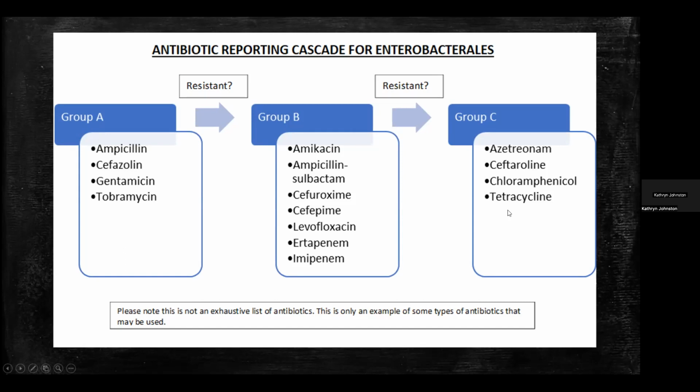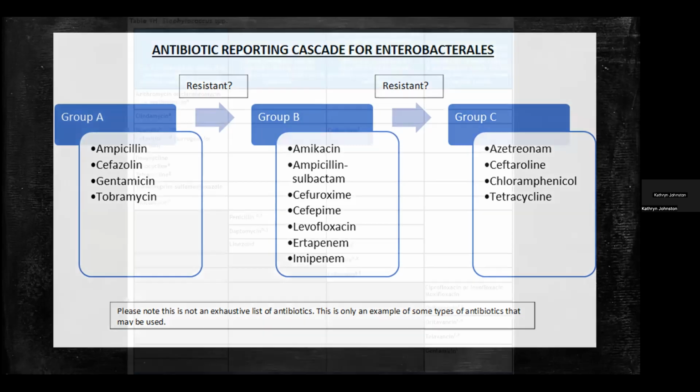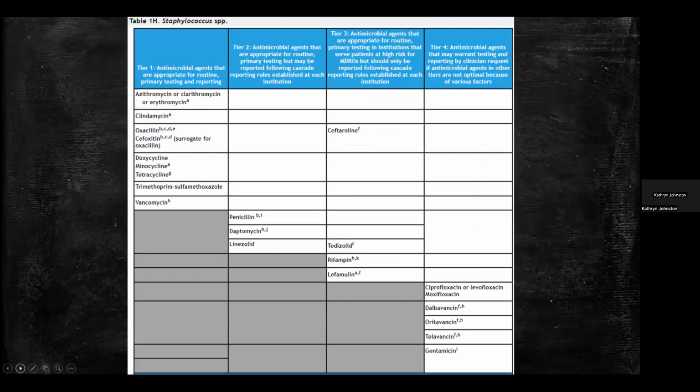And if there was resistance, then you could go to the next level, and you would hold these ones until the very end, because those are the ones that you want as a last resort. So you would want them to choose from this group of drugs first, then this group, then that one as a last resort. And then this is from CLSI from the 2022 documents, but you can see this is for Staphylococcus.